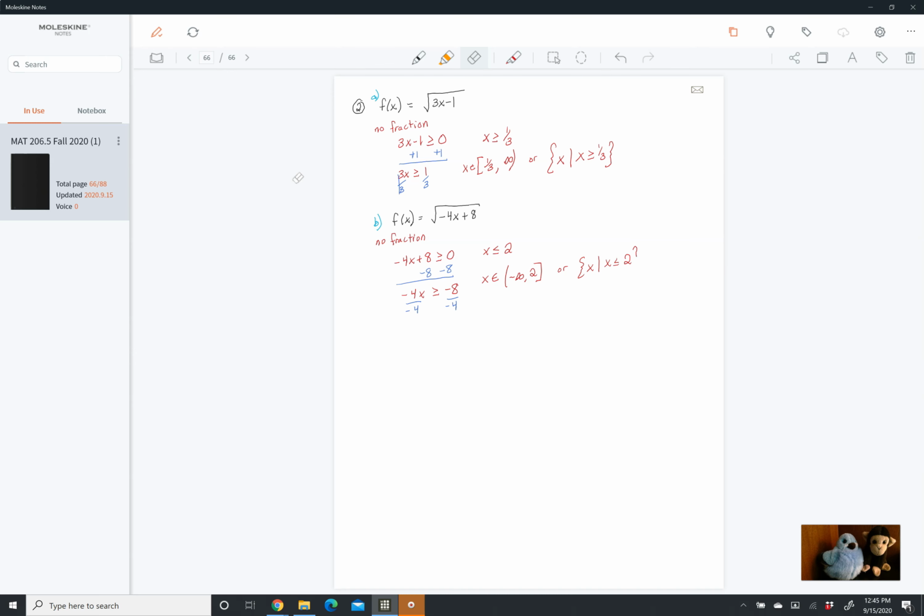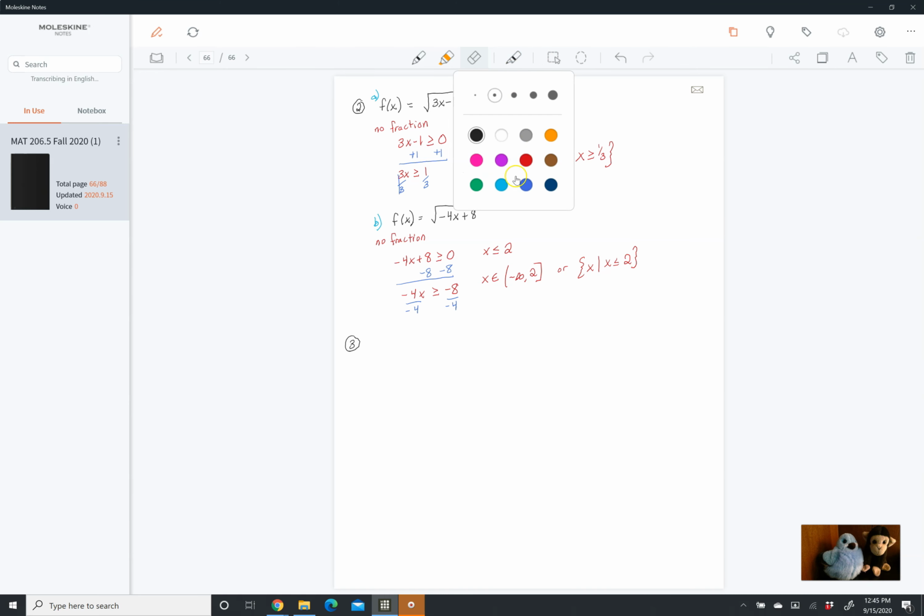So some people prefer set notation here because then they don't have to think about what's the smallest number. Doesn't matter, whichever you prefer. Okay, so this is what happens when you have a radical. Let's talk about what happens when you have a fraction. So again, I'll do two examples. So I'll do an a and a b.